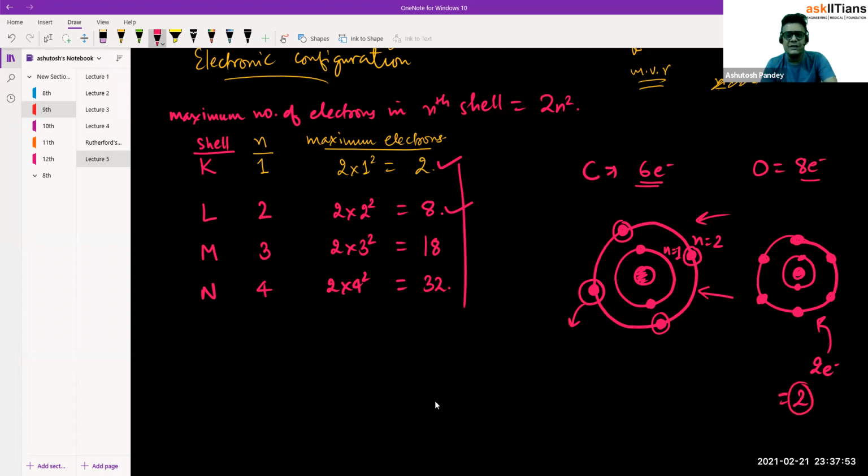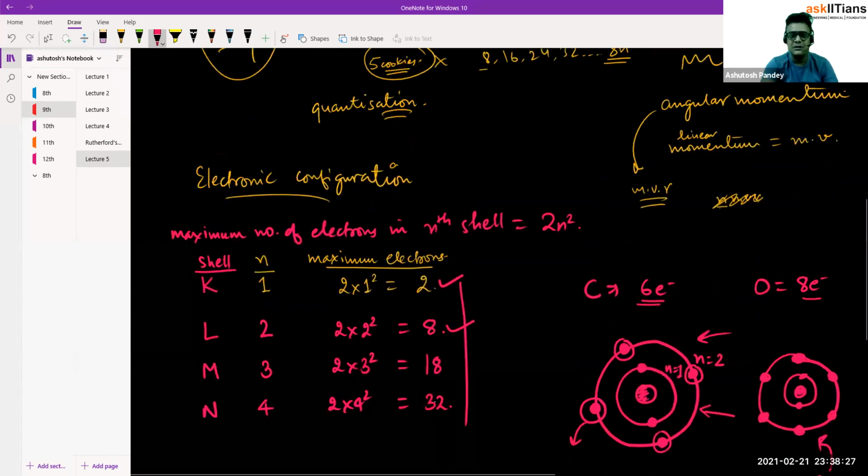Carbon has a valency of 4. So valency is the number of electrons that atoms can lose to form a bond, or the number of electrons they can take to complete their outermost fully filled orbit.